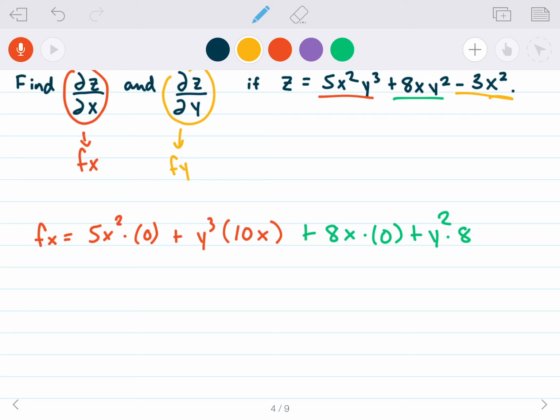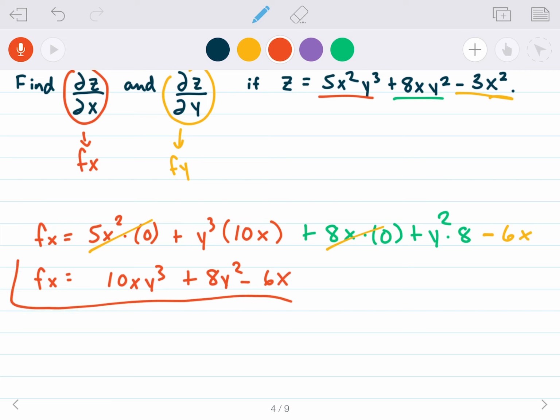So using the power rule, this is negative 6x when we take the derivative. Alright, clear out my zeros, clean it up. So we have partial derivative with respect to x is 10x y to the third plus 8y squared minus 6x.